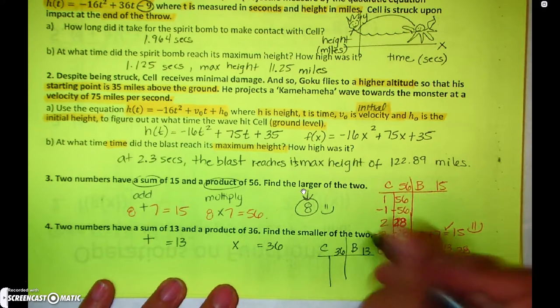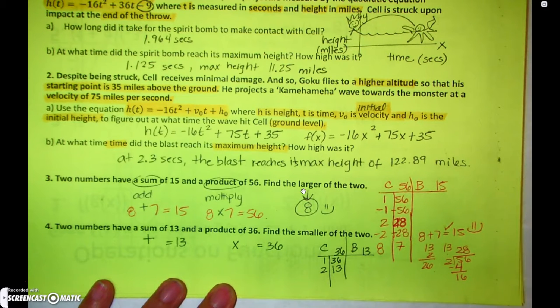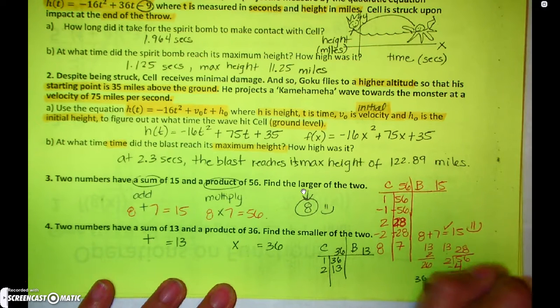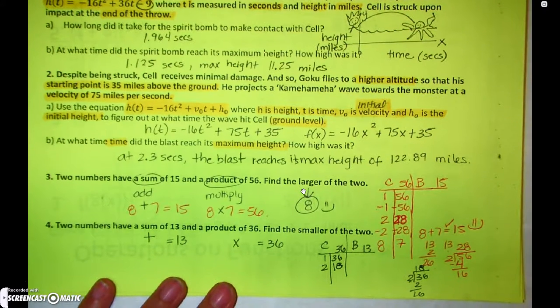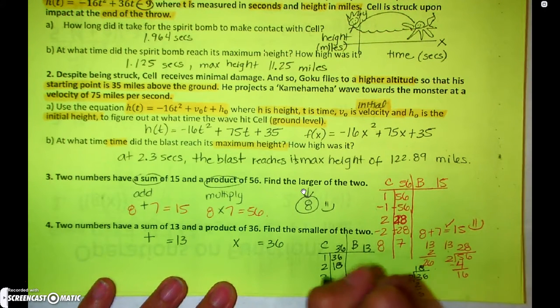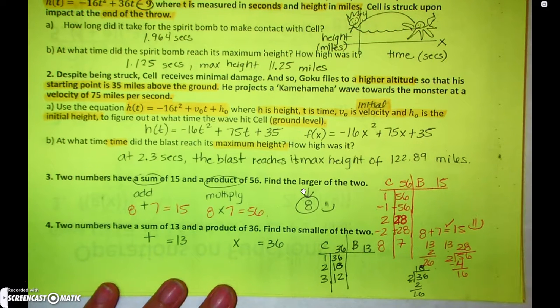Well, I know the factors of 36 are 1 times 36, 2 times 18. Again, I'm doing the same thing, I keep thinking 13. Okay, and then 3 times 12. 4 times 9. 6 times 6 is another one. I kind of ran out of space.